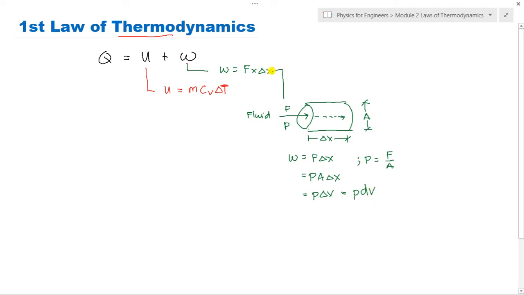So therefore, the general formula for work applied in thermodynamics using the parameter pressure is equal to pressure times the change in volume.